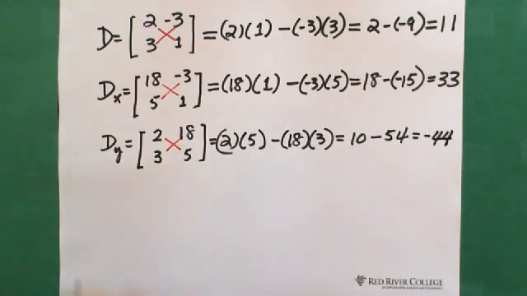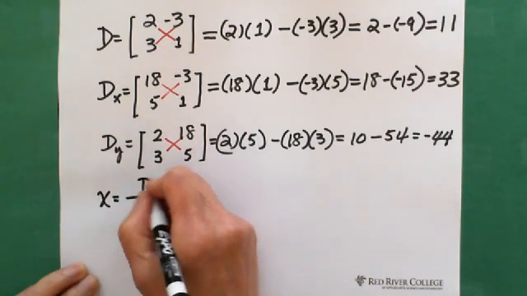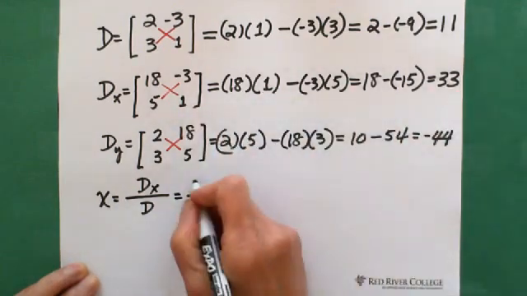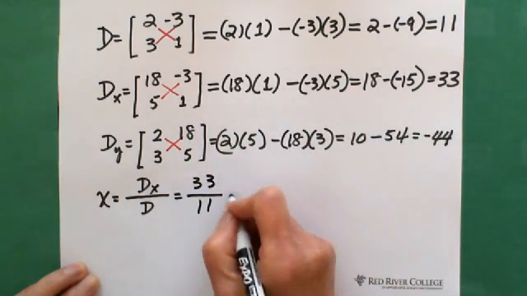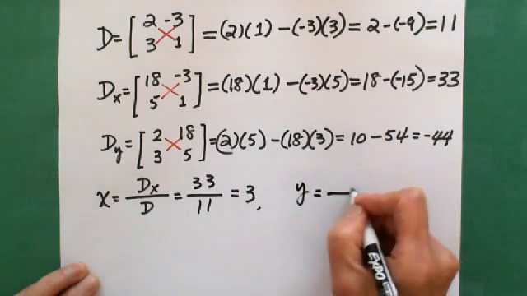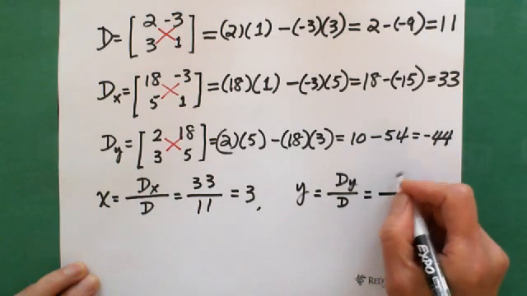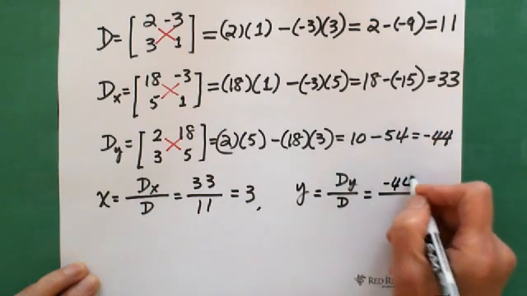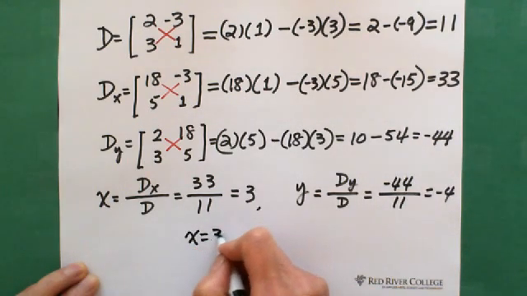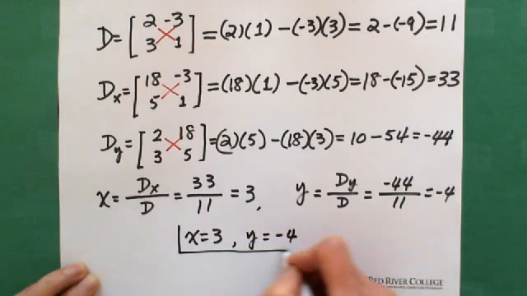Then the solution: x equals determinant x divided by determinant, which is 33 divided by 11, which is 3. And y equals determinant y divided by determinant, negative 44 divided by 11, equals negative 4. That's why x equals 3 and y equals negative 4. This is the solution.